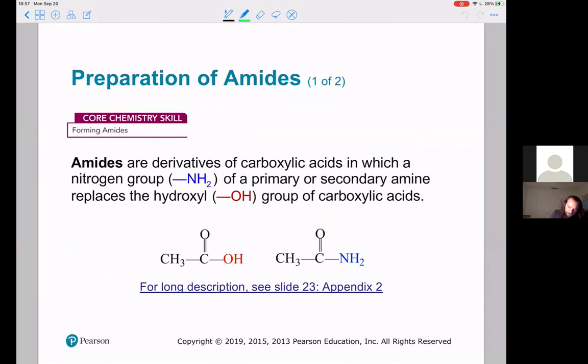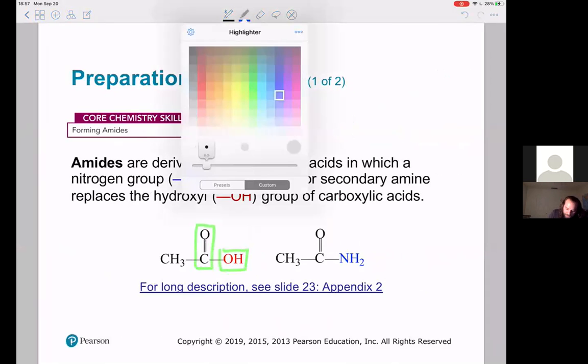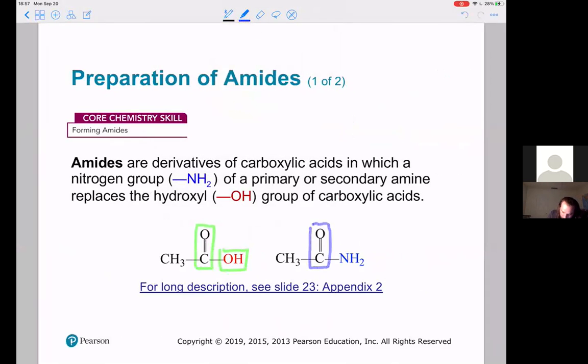It's similar to a carboxylic acid. Remember where we had this carbonyl component and then the hydroxyl group bound to that carbonyl carbon. An amide is a carbonyl group that has a nitrogen bound to that carbonyl carbon. So this is an amide.